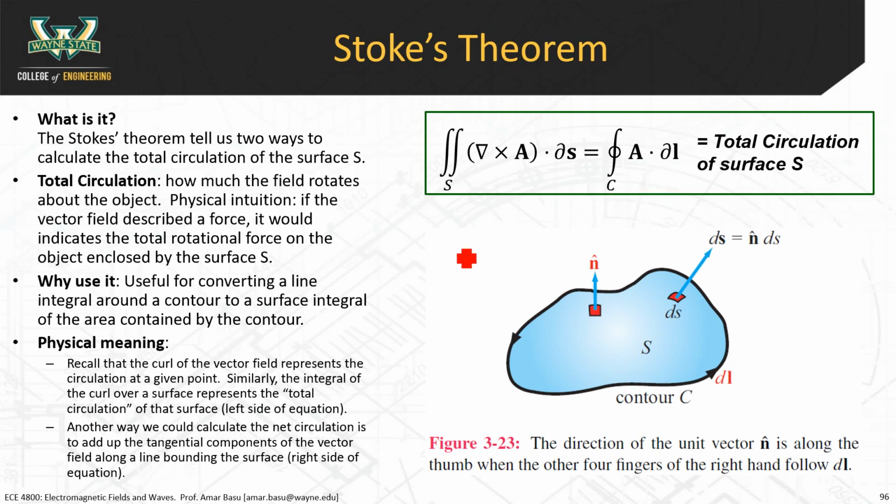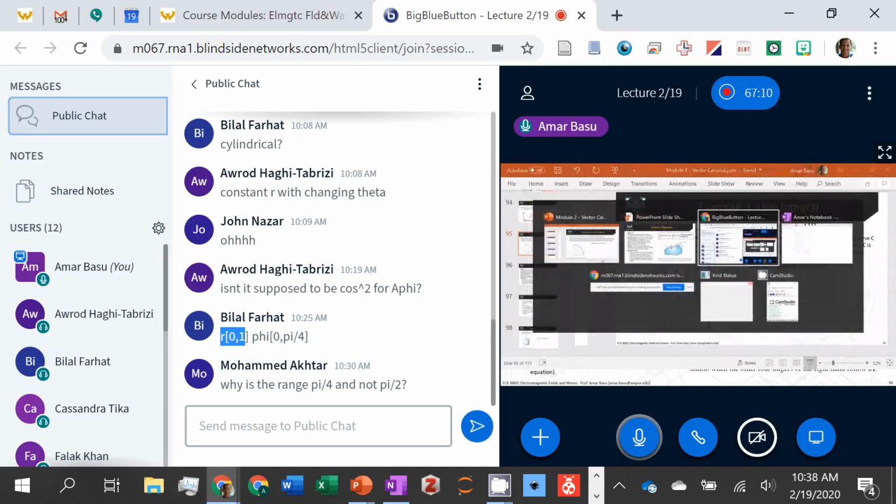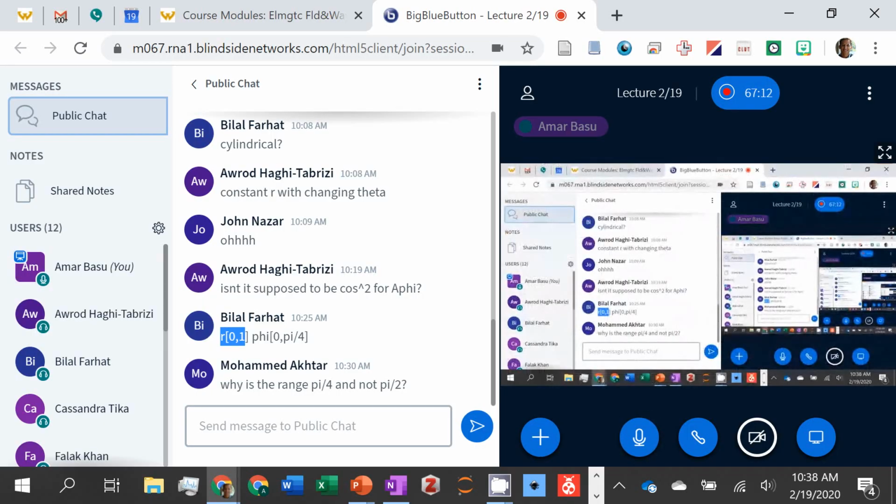Let's say the vector field A is pointing down in this direction, and then the vector field A is pointing up in this direction. Okay? So what direction is this surface, this object, going to rotate? I'll look at the answers here. Which direction would that surface rotate?